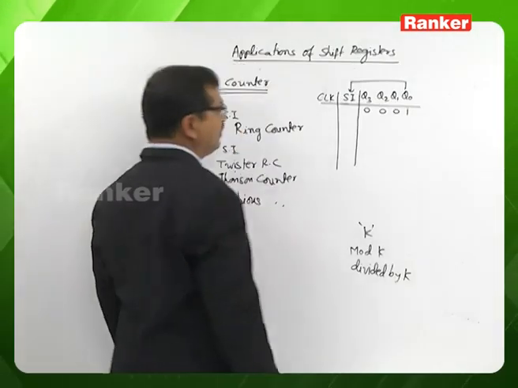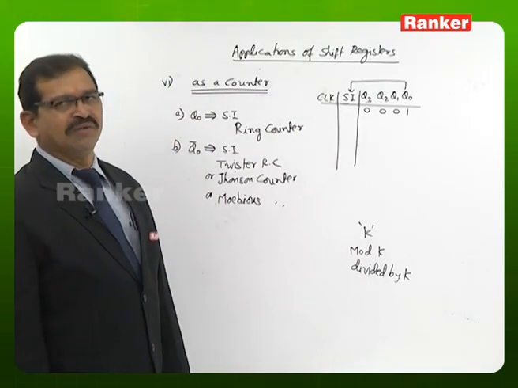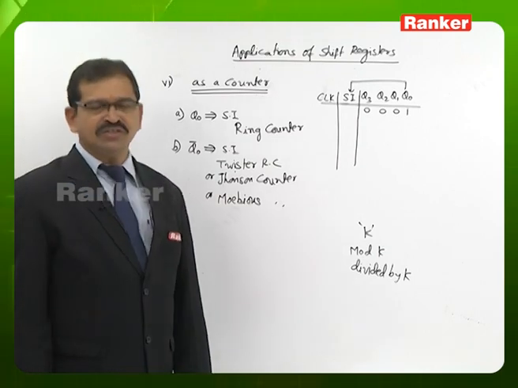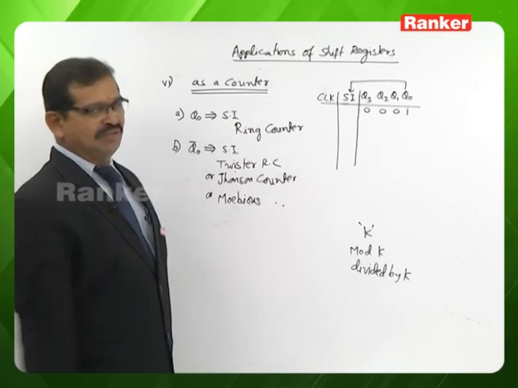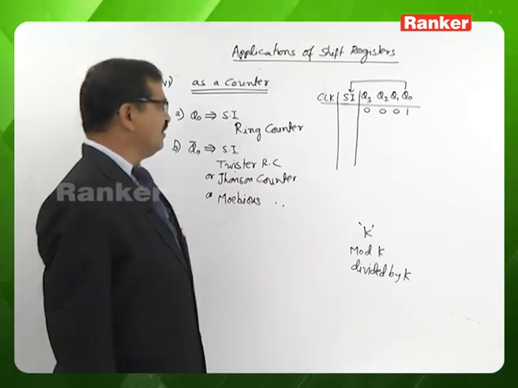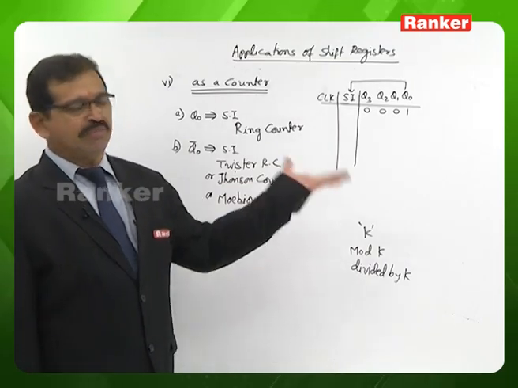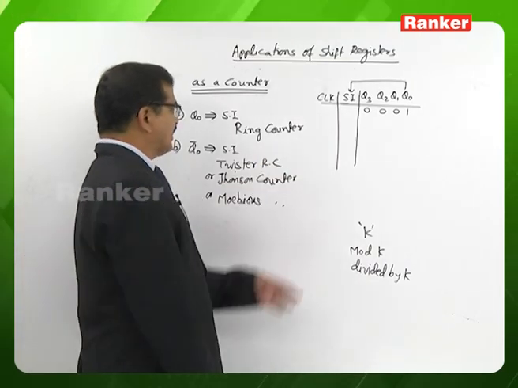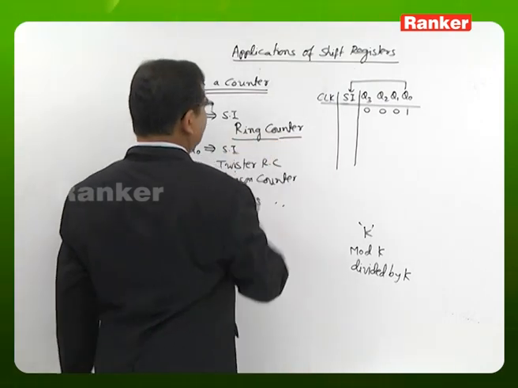In fact, the best way to use the register as a counter is that one bit of the register must be 1 and the remaining bits must be 0. Why it is the best way, I will discuss a little later. Suppose the initial content in the register is Q0 is 1 and the remaining bits are 0. Now, connecting Q0 to the serial input terminal means we want to use it as a ring counter.